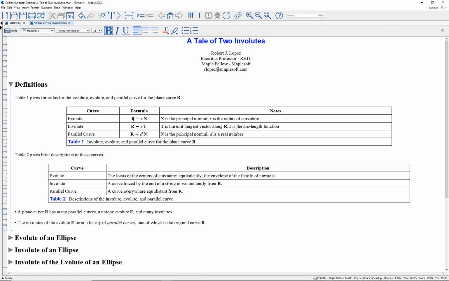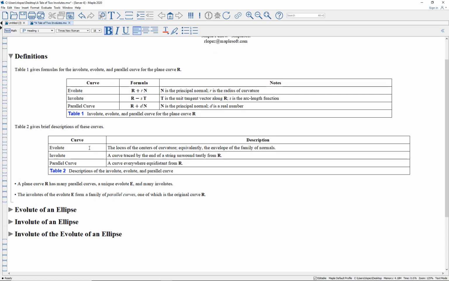The evolute has a formula r plus little r n, where little r is the radius of curvature and n is the principal normal. Involute. r minus s t, where s is arc length and t is a tangent vector. Parallel curve. r plus d n, where n is the principal normal and d is a real number.